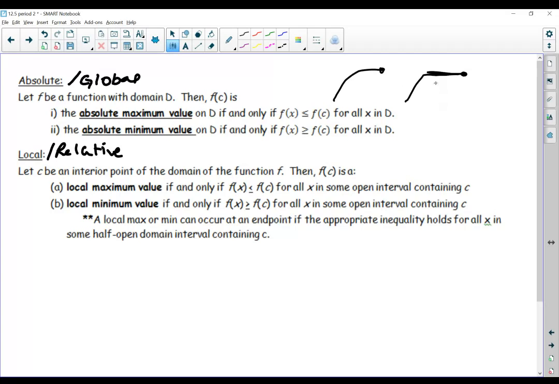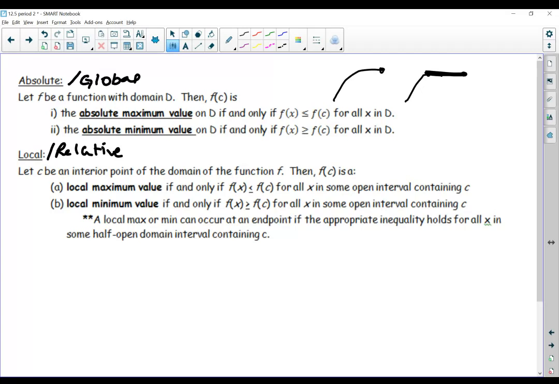Does that mean that we have an absolute maximum point? No, but we have this absolute maximum value of the function, that the function will always have to be less than or equal to. It just happens to occur in an infinite number of places. But we would say that this is the absolute maximum value of that function, or the global maximum.